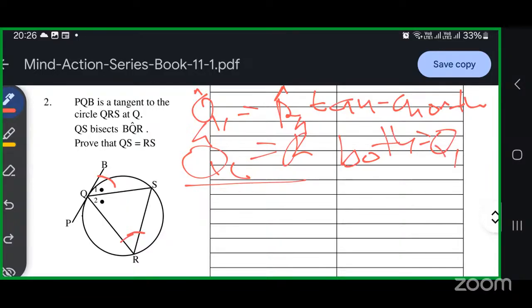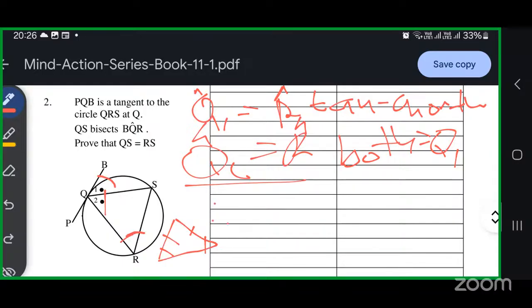Does this make sense? Yes, sir. Okay. Now, if these angles are equal, that's an isosceles triangle. This implies that this side is equal to that.